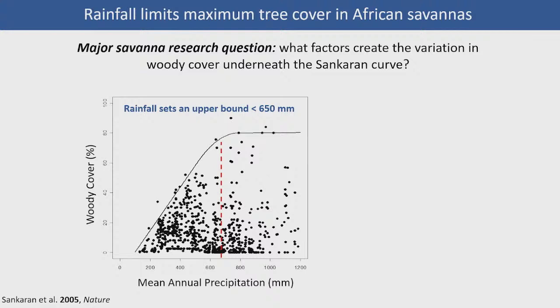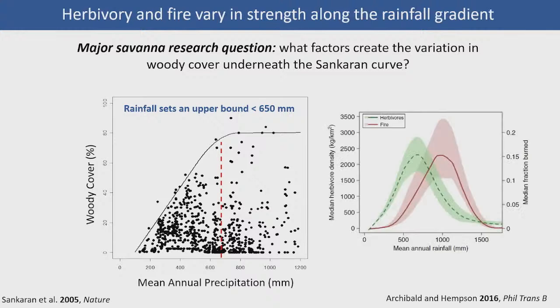From some work by Gareth Hempson and Sally Archibald, we know that across this precipitation gradient, the two major consumers, fire and herbivores, have very different effects, with fire dominating at high rainfall sites and grazers and browsers dominating at intermediate or lower rainfall sites.